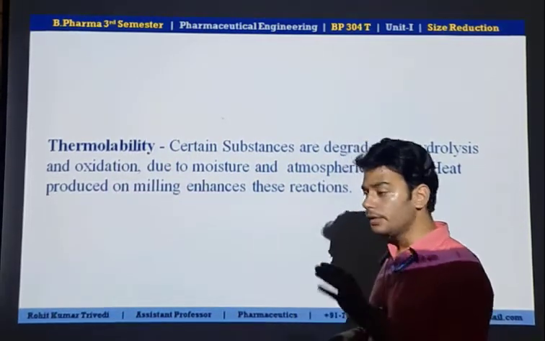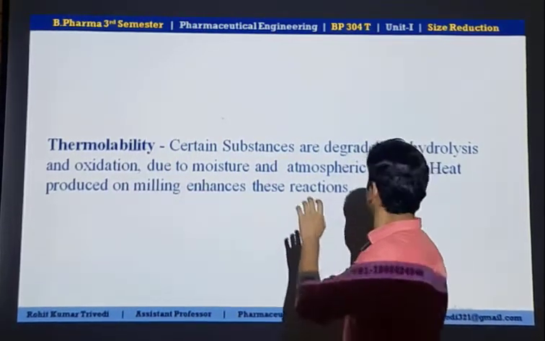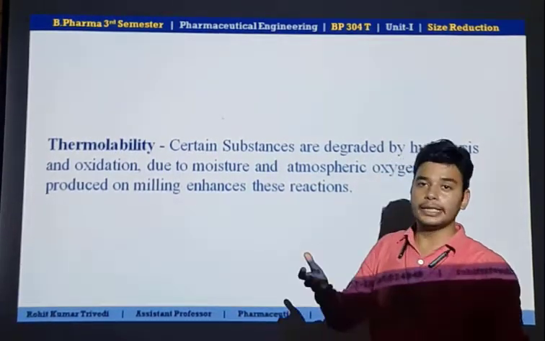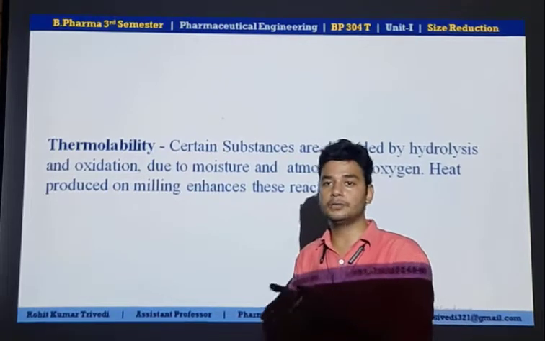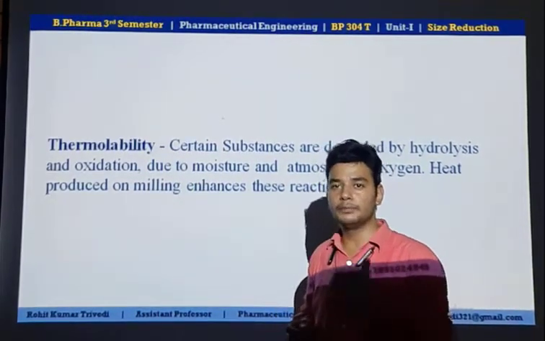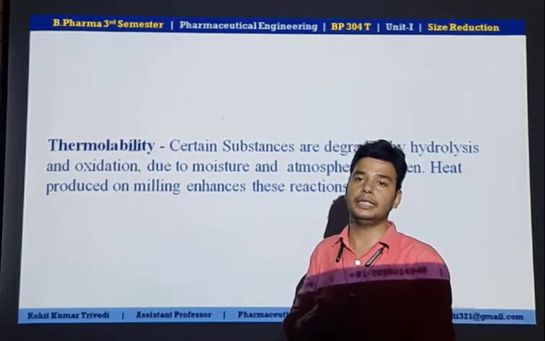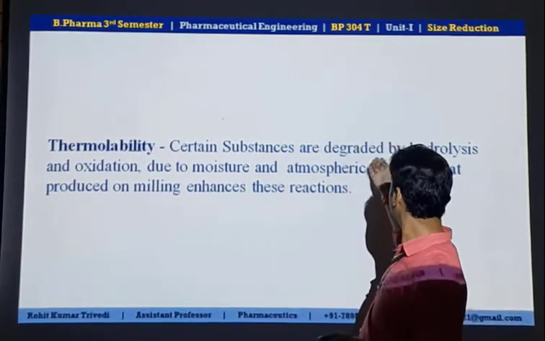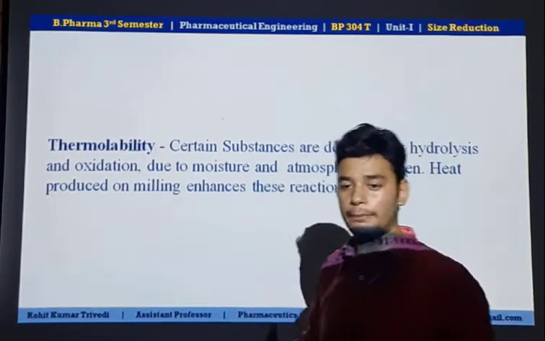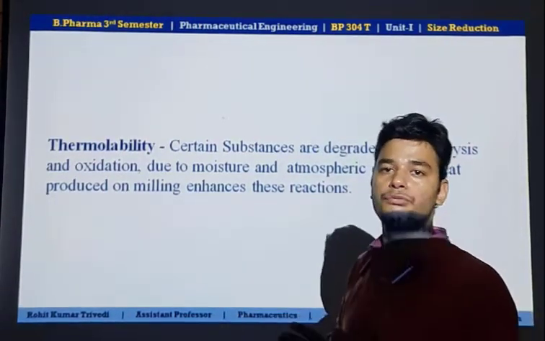Okay. Now, the rate of hydrolysis and oxidation is increased when the temperature is increased. As we have already discussed, during size reduction, the temperature of the machinery and the sample itself is increased. Obviously, the rate of all these chemical reactions will also increase, due to which the chemical will degrade very easily.